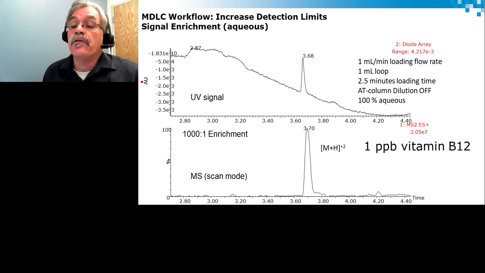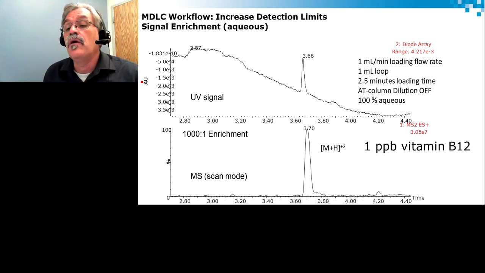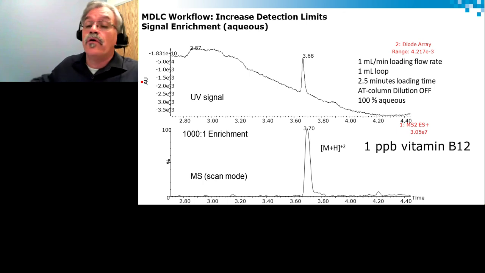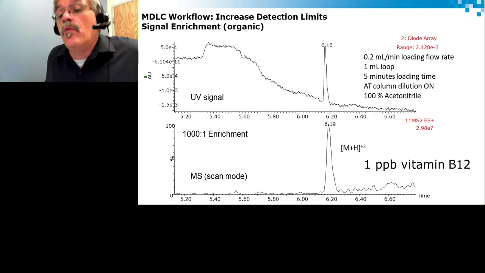This here is a 1 mL injection of a 1 ppb. Now we can see that the PDA can see a very defined peak shape, confirmed by the scan mode, from the 1,000-to-1 enrichment.